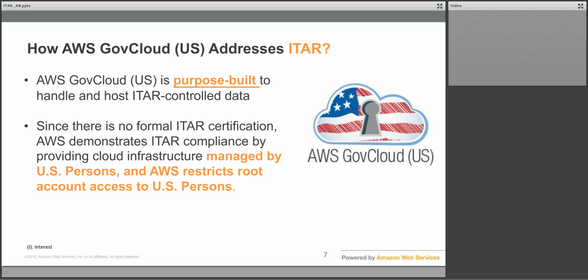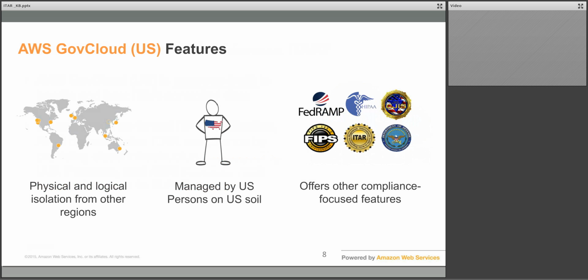In addition to meeting ITAR requirements, AWS GovCloud is also continuously audited by the Federal Risk and Authorization Management Program, i.e. FedRAMP, independent third-party assessor, and has been issued a FedRAMP High Joint Authorization Board provisional authority to operate.